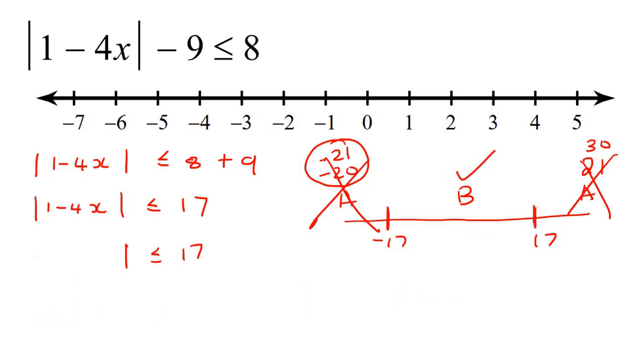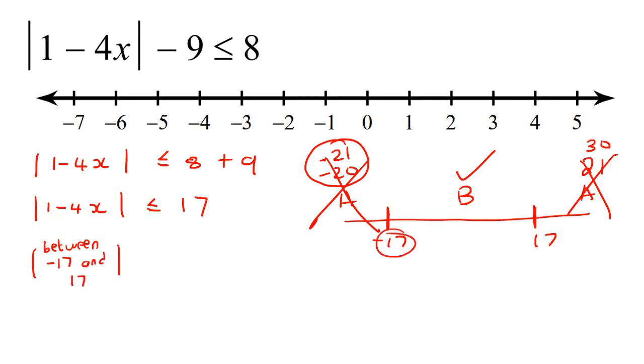So what we now do is we can say that this part here, remember we said that the numbers that can go inside here can be any number in interval B. So it can be any number between minus 17 and positive 17, right?